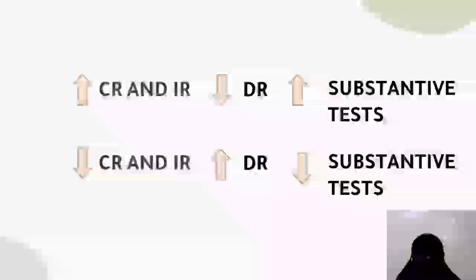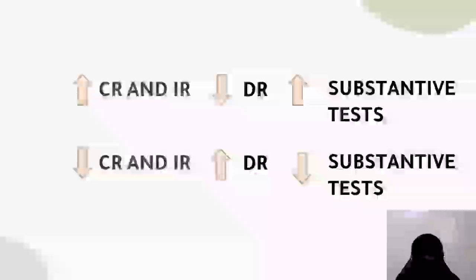So what we can learn and take note of in this is that for a given level of audit risk, there is an inverse relationship between the acceptable level of detection risk and the assessed level of inherent and control risk. So kung mataas si control risk and inherent risk, ibababa dapat si detection risk. Ibig sabihin lang, since bababa si detection risk, meaning tataas dapat si assurance provided by substantive tests.